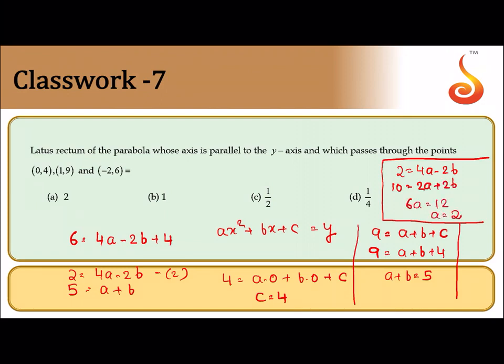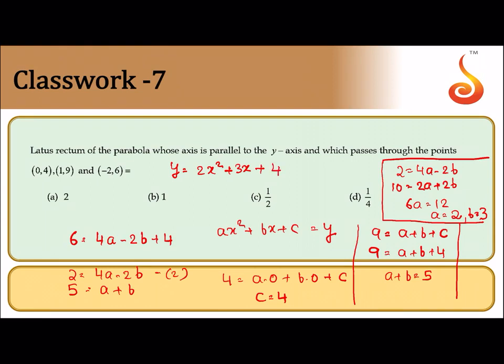So this will give you 6a equal to 12, a equal to 2. Once we got a equal to 2, then b is equal to 3. So we got the final equation as y is equal to 2x square plus 3x plus 4.